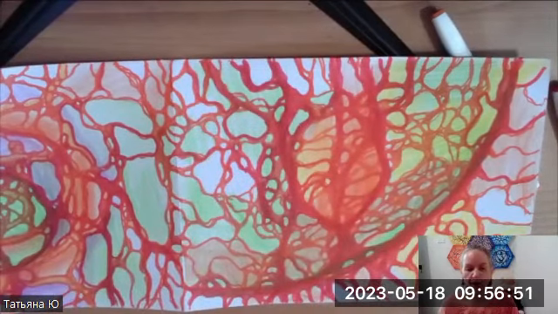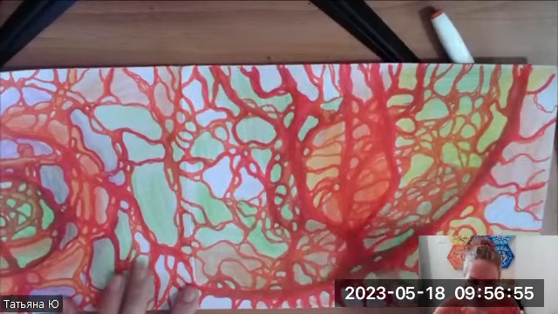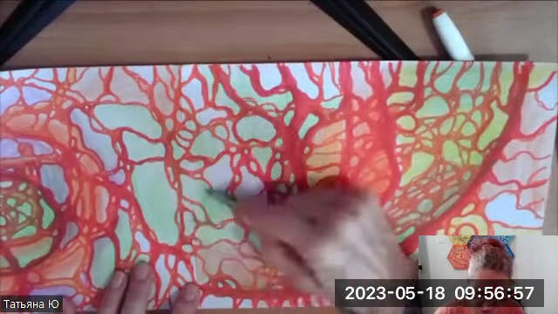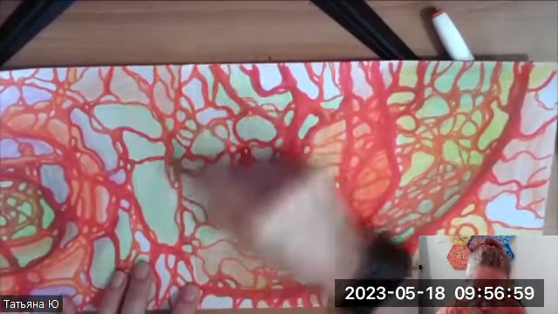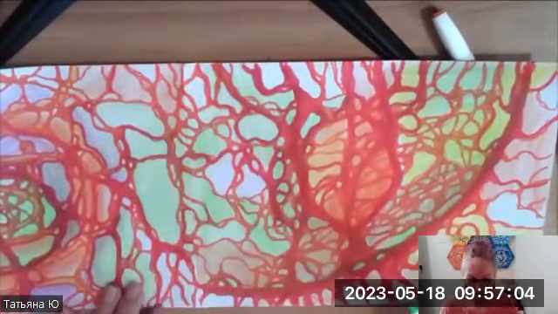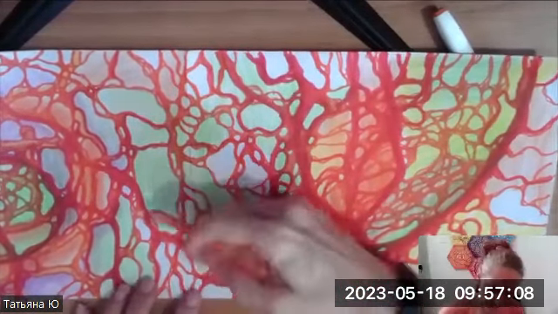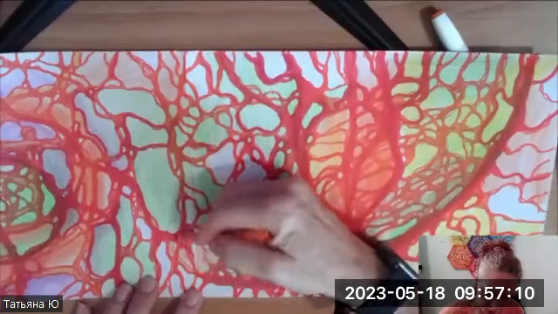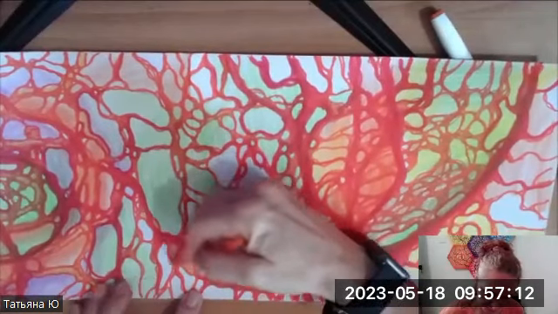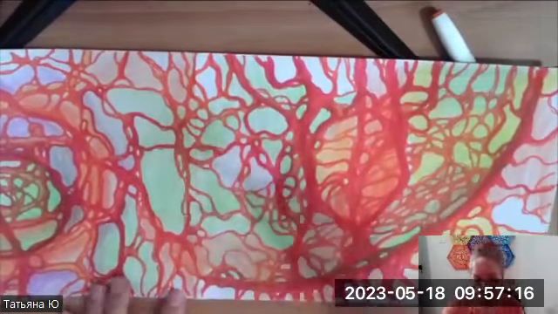Okay, you see, we connected. And after this, we have to connect the colors. Actually, I don't need this because the two colors are already connected well, because here is green, there is green. And maybe just a little bit orange here.